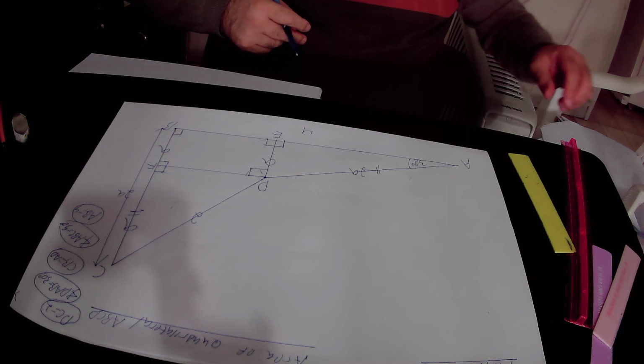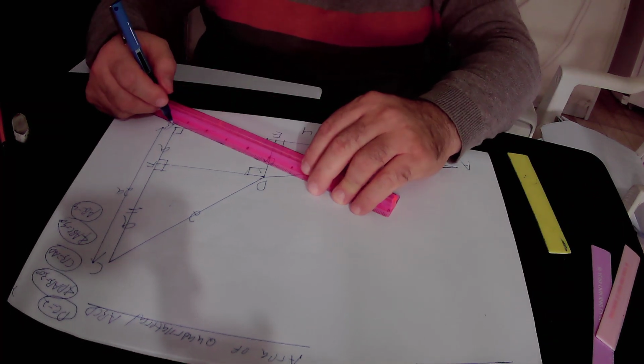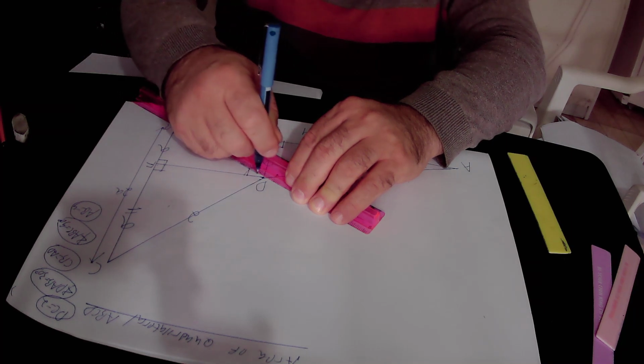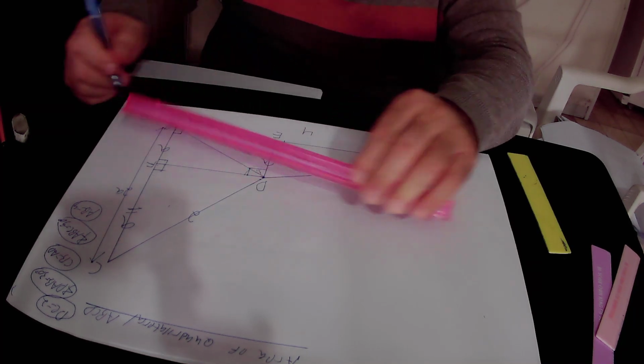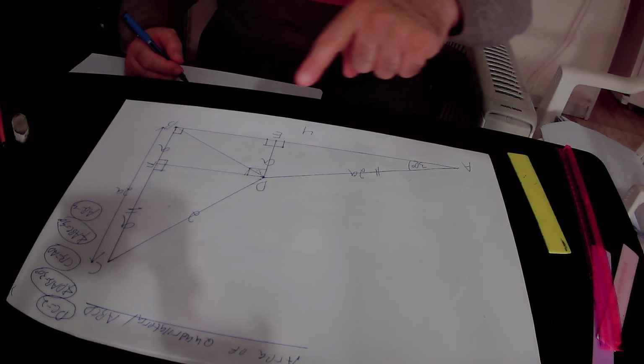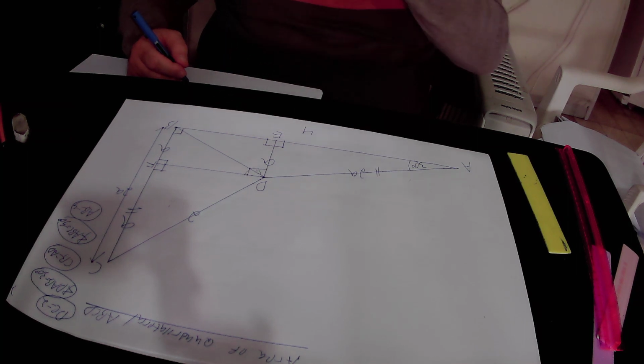In the next step, we'll join together points D and B by a straight line. And we will prove that triangle DCF can be shown congruent to triangle DFB.